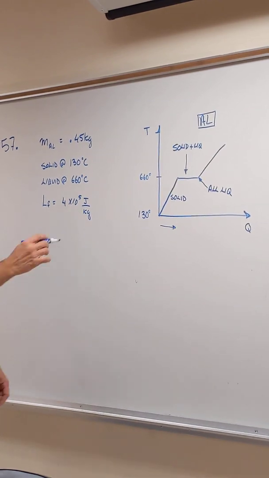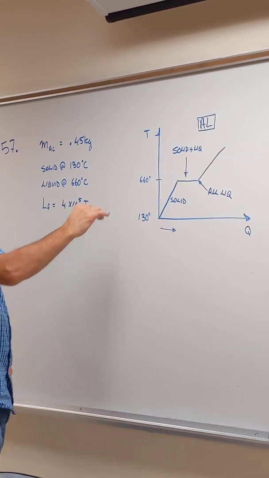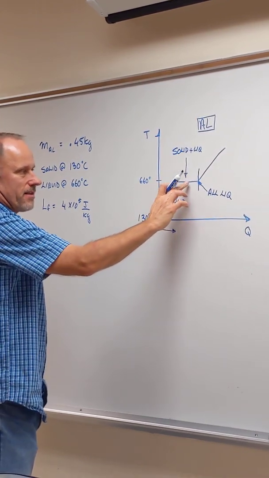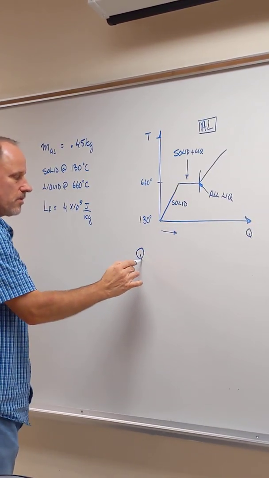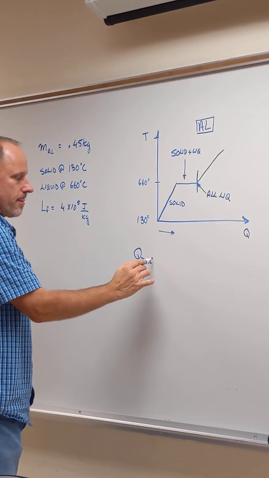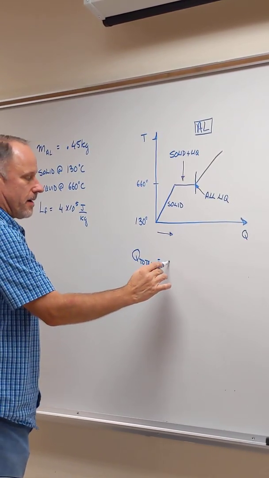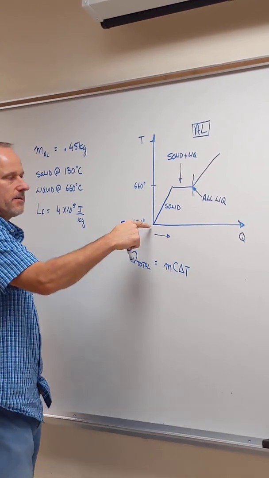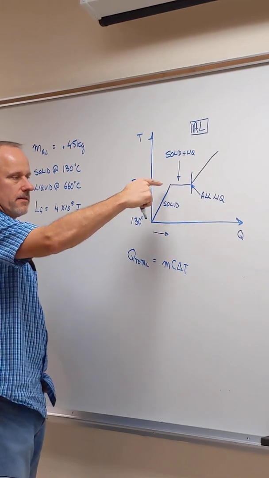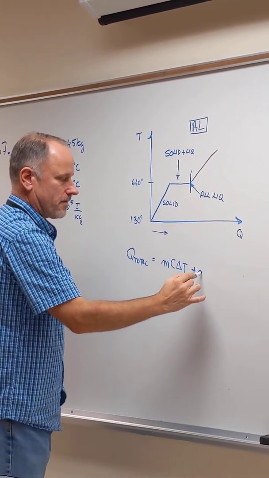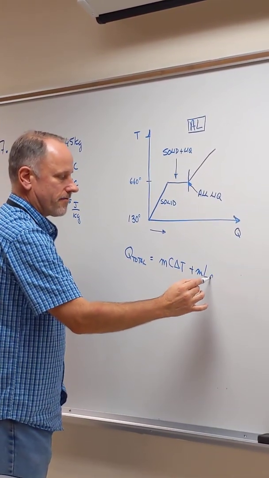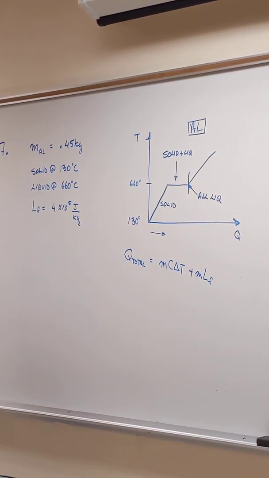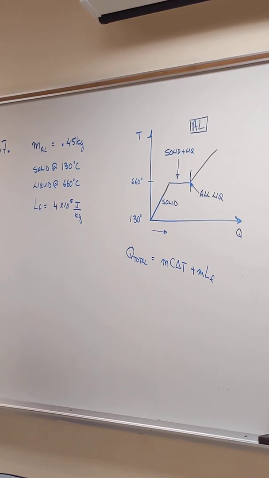Okay? So there are two pieces that we need to consider in the calculation. We need to consider this and this piece. So Q total is mc delta T, that's this piece, plus m L_F, the latent heat of fusion, because we're going from solid to liquid.